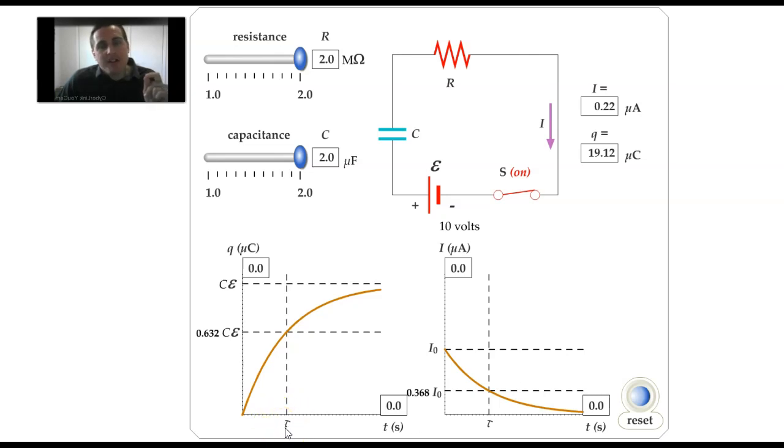The time constant of an RC circuit, also sometimes called the e-folding time, also sometimes called the characteristic time, is exactly equal to R times C, namely resistance times capacitance. The resistance is in ohms, the capacitance is in farads. It turns out if you work out the units, ohms times farads is actually seconds, believe it or not. So that's how it turns out.